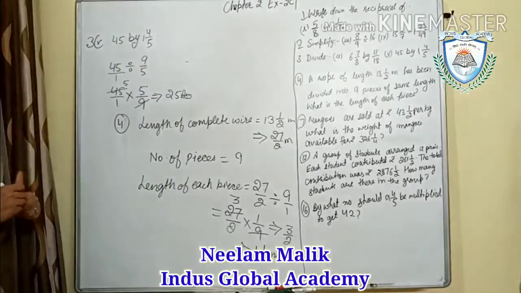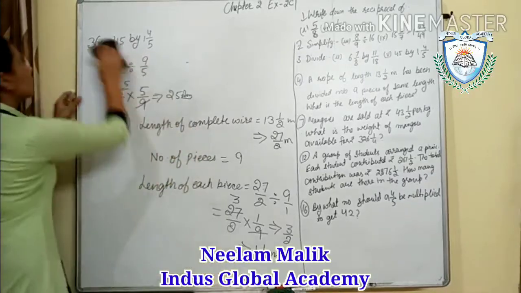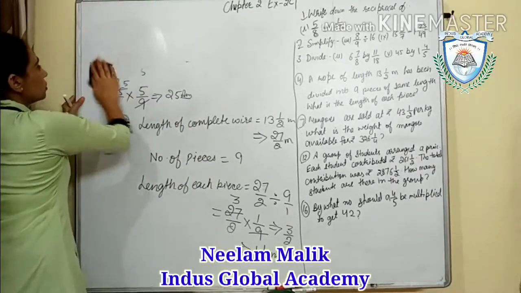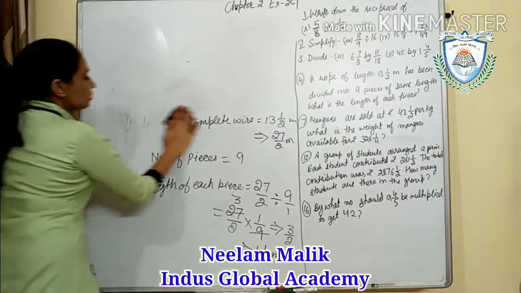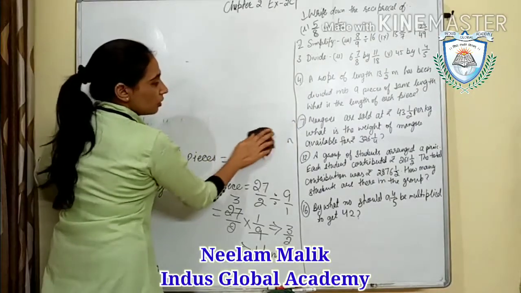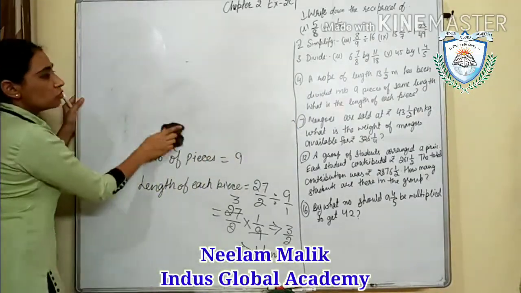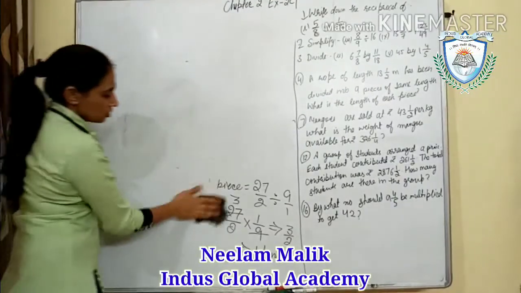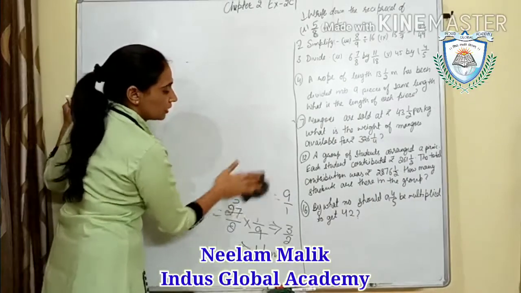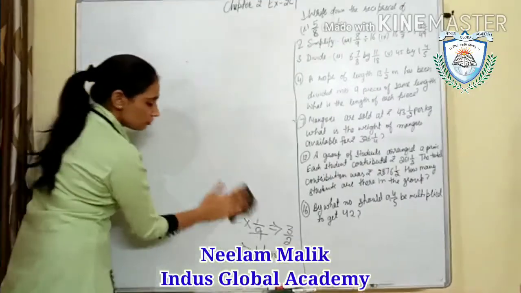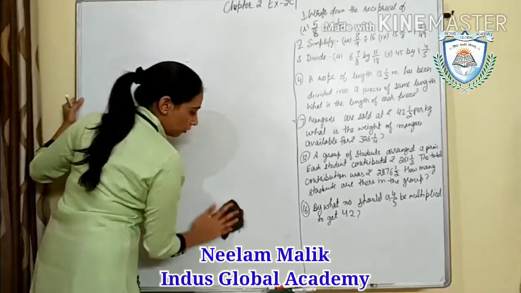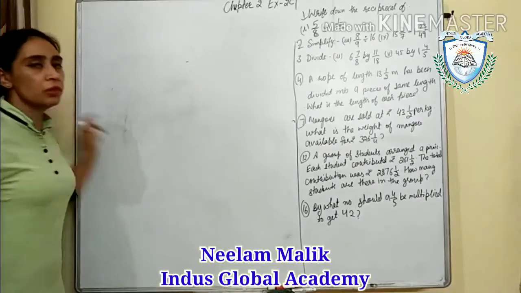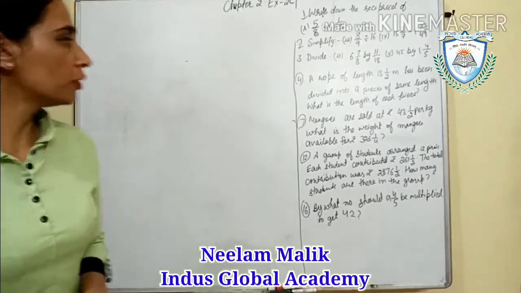Okay, now we will do question number 7. So please read the statement of question number 7. In question number 7, mangoes are sold at rupees 43 and a half per kg. Means 43 and a half is the cost of 1 kg of mango.